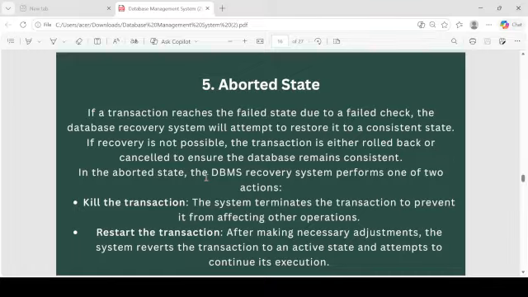In the aborted state, the database recovery system performs one of two operations: kill the transaction or restart the transaction. The system terminates the transaction to prevent it from affecting other operations, or it restarts the transaction after making the necessary adjustments. The system reverts the transaction to an active state and attempts to continue its execution.